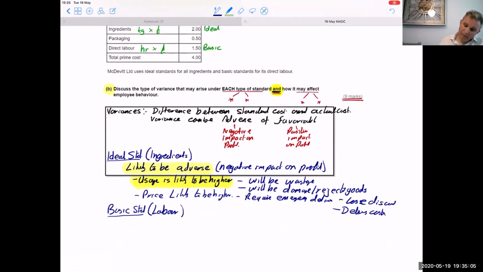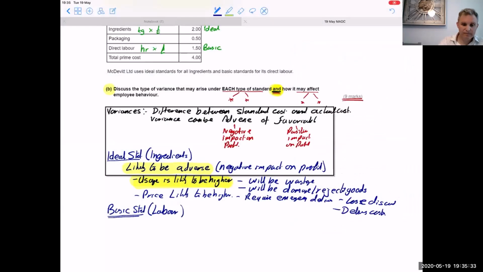Okay. Then we've got the basic standard, and we said labour was based on a standard that was very old. Okay, so I would think that as we're basing the standard on something that was written 10 years ago, actually, let's go through it. So basic standard in terms of labour.